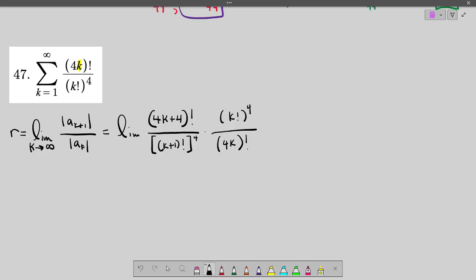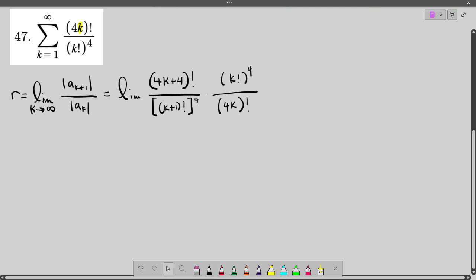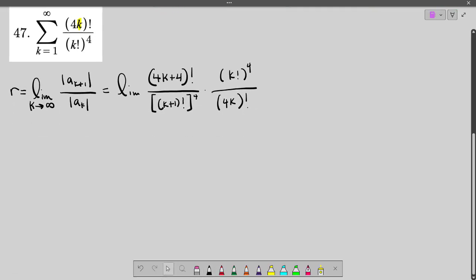So next we're going to try to cancel some stuff. So let's rewrite some of these factors. The most obvious one to rewrite first is probably down in the denominator here. We can write this k plus 1 factorial as k plus 1 times k factorial.